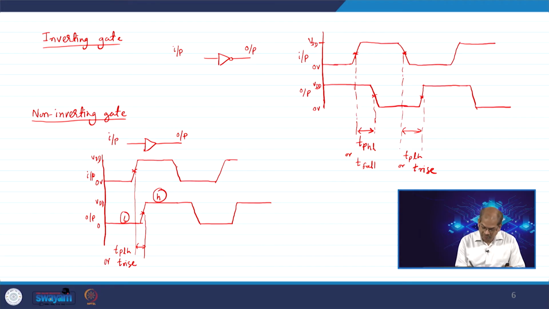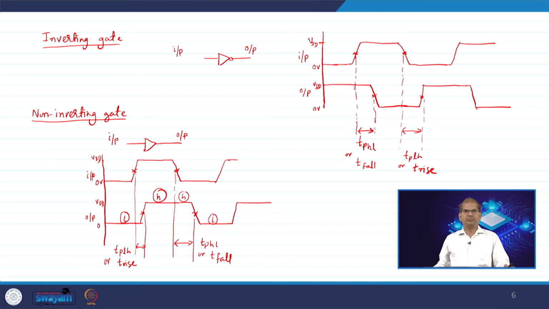Now from here to here, this is high to low, so TP high to low or T fall, correct. So this is the definition of rise propagation delay and fall propagation delay in the case of inverting gates and non-inverting gates. This is whatever we discussed in the last lecture.